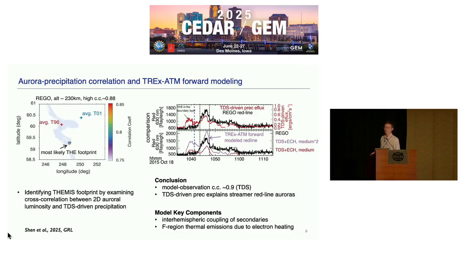So we are comparing apples with apples. This bottom panel is all Rayleigh data. The magenta line is the T-Rex ATM model output, and the black line is the observed auroral red line intensity variations at that point.